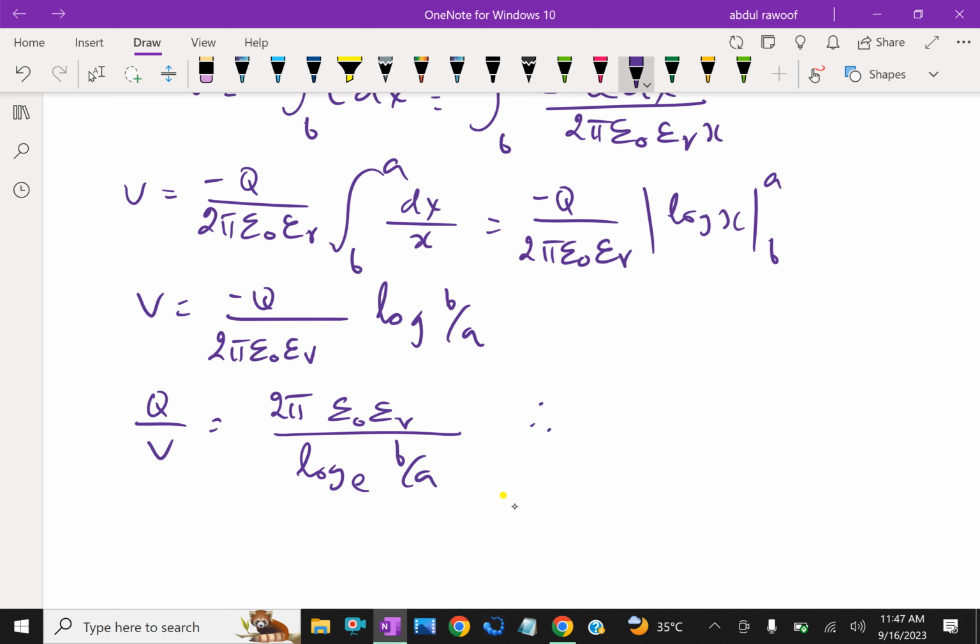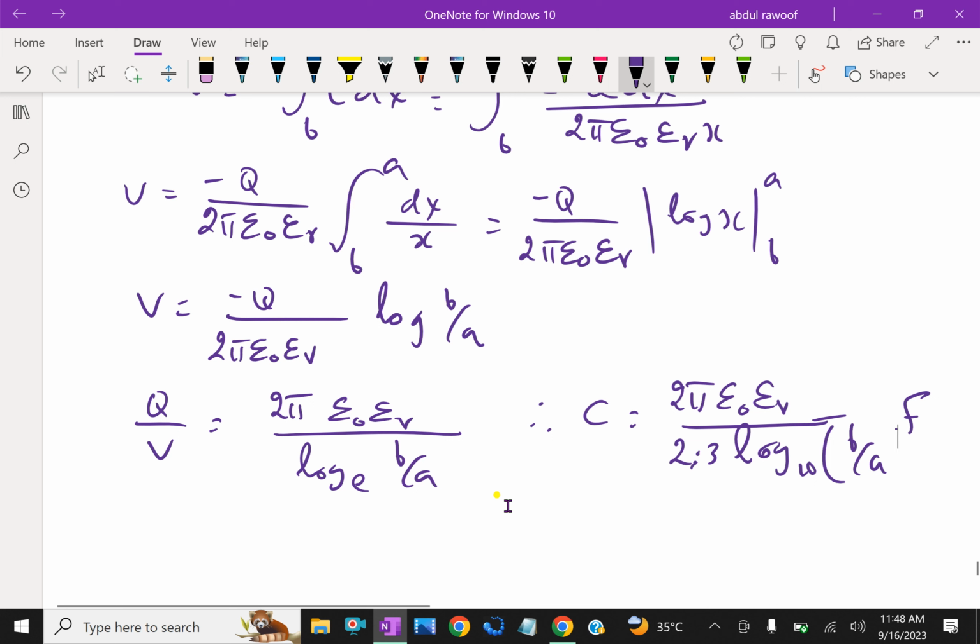Therefore we can say the capacitance is 2 pi epsilon 0 epsilon r over 2.3 log base 10 of b by a farad, because we are converting log base e to log base 10. This is the capacitance of the cylindrical capacitor.